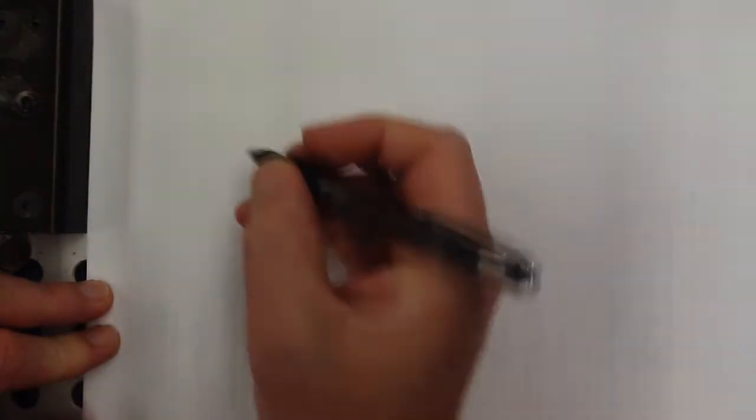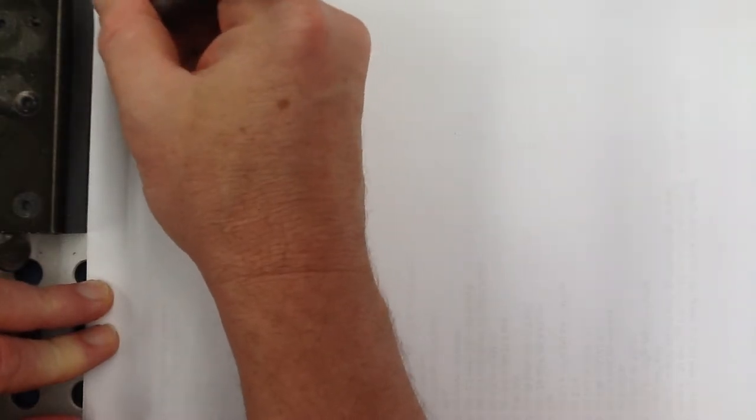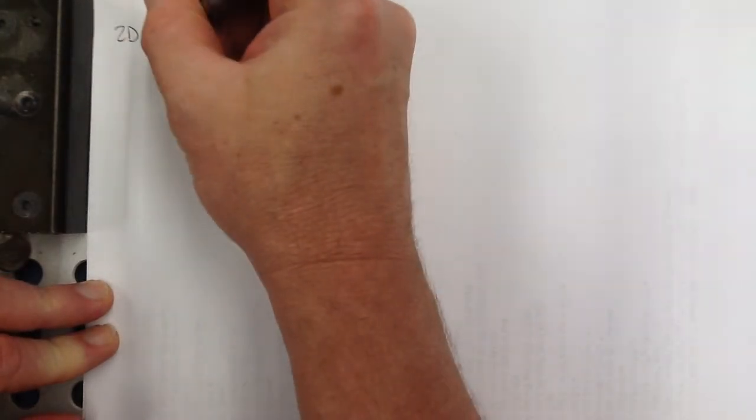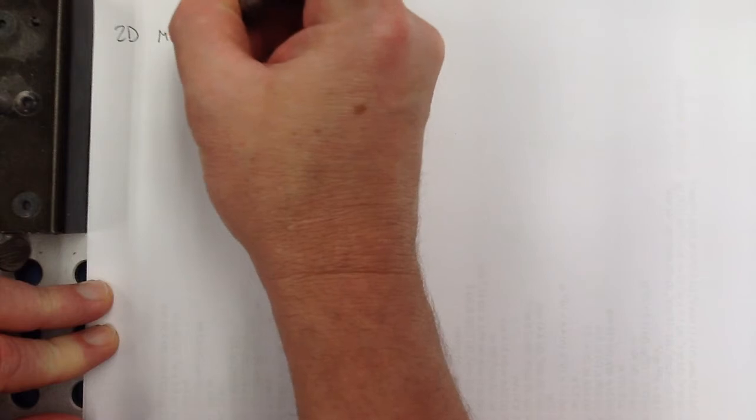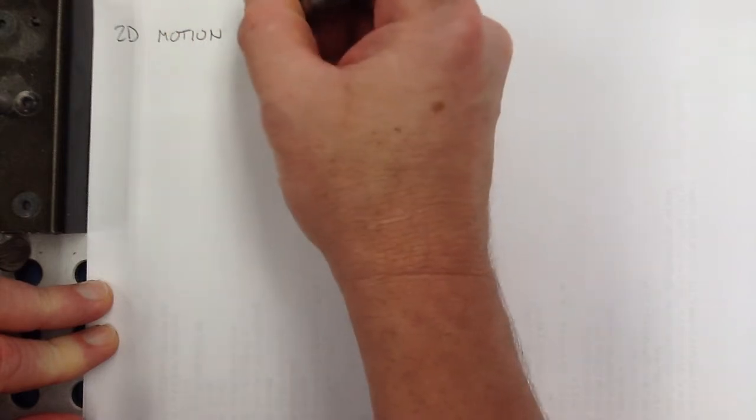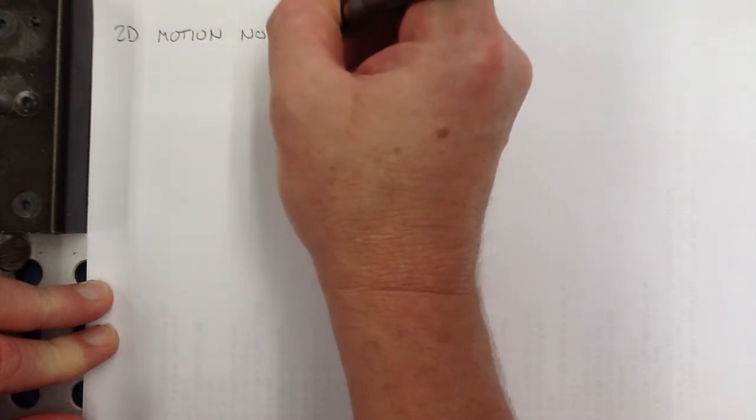I'd like to give you a little bit of notes that I think I can keep pretty brief, about two-dimensional motion. Now, we already know a bunch of stuff about displacement and position and velocity and acceleration.